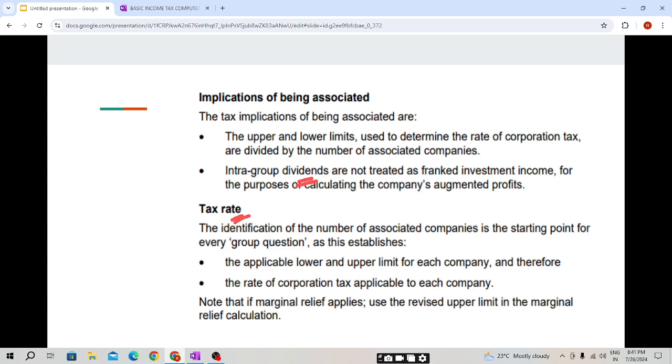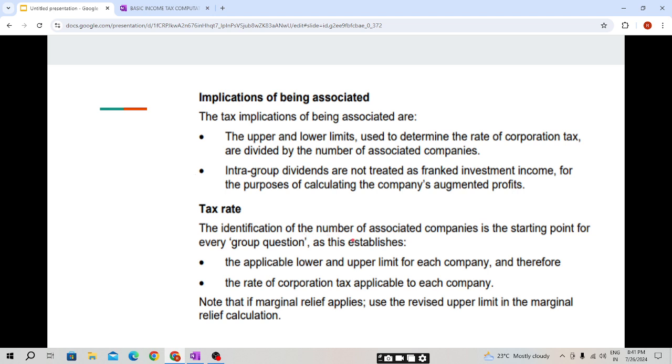See students, we have already mentioned that the dividend from a non-associated company will be included in the calculation of augmented profit. But intra-group dividend from an associated company, meaning a controlled company, will not be included in the augmented profit calculation. Tax rate.